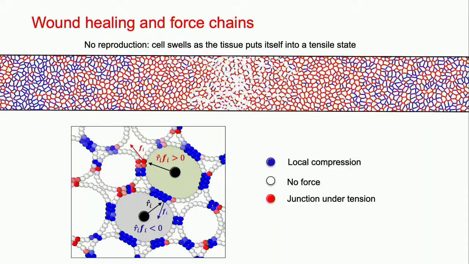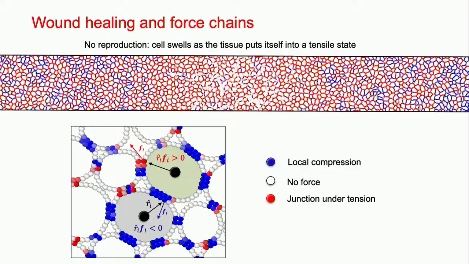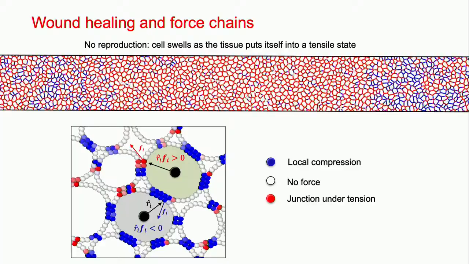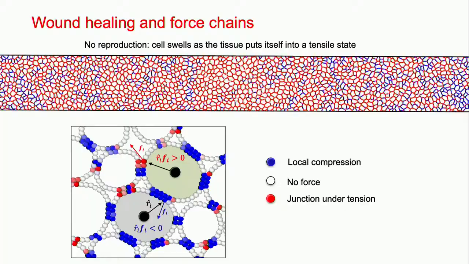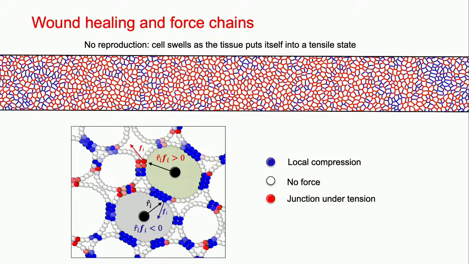As you go to confluence, everything becomes red, meaning that the system is suppressing density fluctuation and putting itself under tension. So contact inhibition is a mechanism by which tissues, at least in this model, hate density fluctuation so much that they put themselves under tension to suppress them.